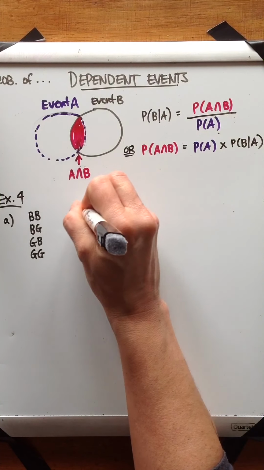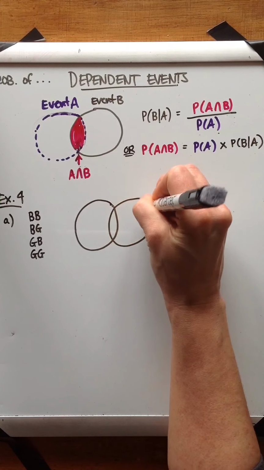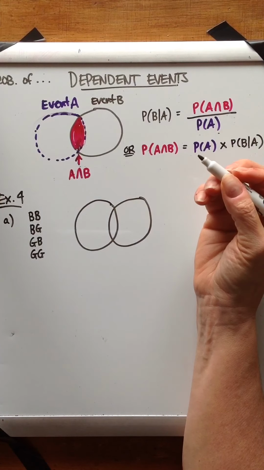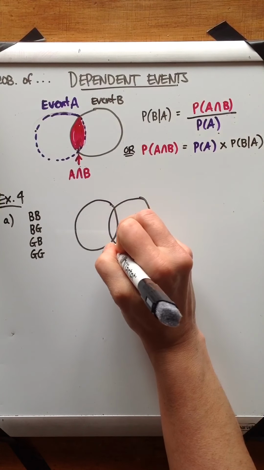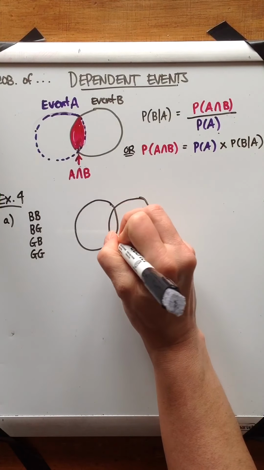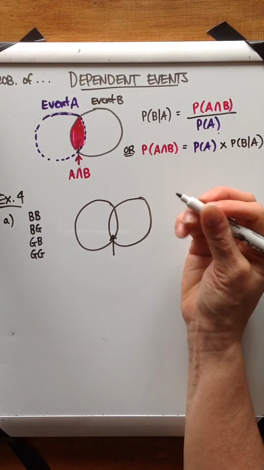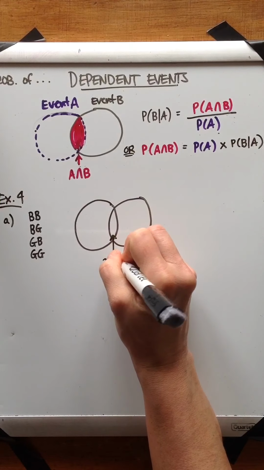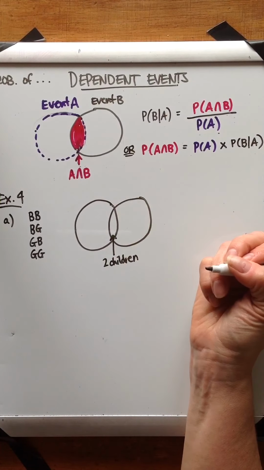Another way we can draw this out is with event A, event B, and the overlap. The set of all families with exactly 2 children is this event right here. This is the overlap. The family has 2 boys. We can call that the second event.